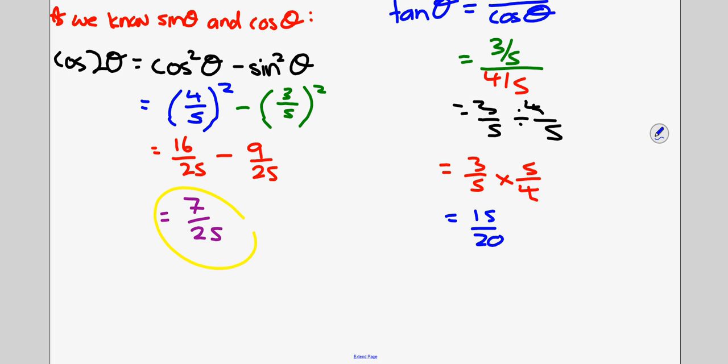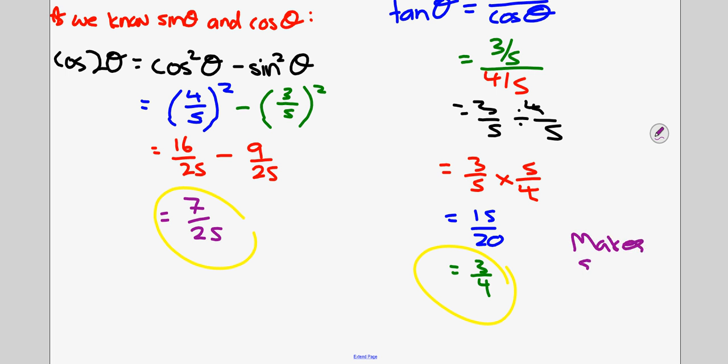Okay, is that our answer? Is it 7 over 4? That's good, yeah. And just double check, yes, tan is positive in quadrant 1. Sometimes I'll just have a little critical analysis.